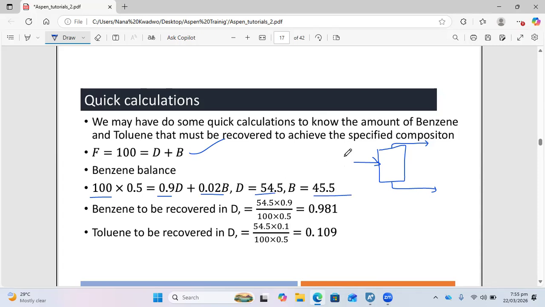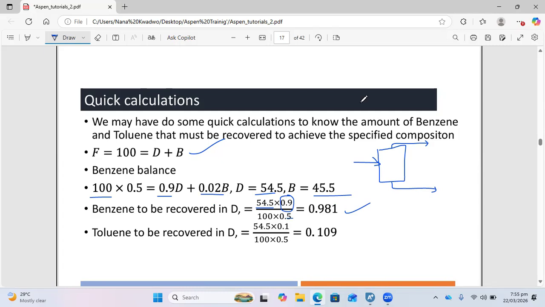But then as we said, we're looking at the recovery. So how much of the benzene from the feed came out in the distillate. So that's what we are doing over here. This was the total mole flow for the distillate. We said 90% was benzene. So 0.9 times that gives us how much benzene is in the distillate, divided by how much benzene was in the feed, and that will give us the recovery.